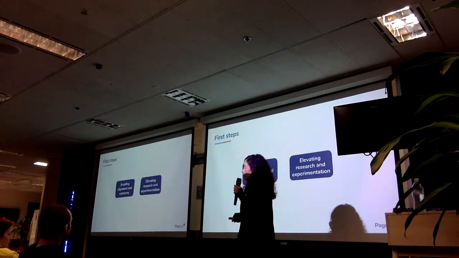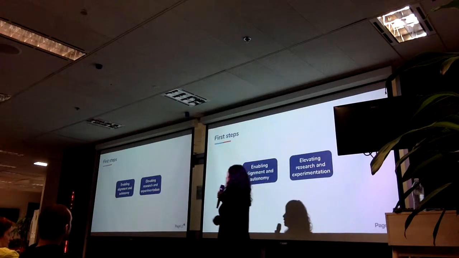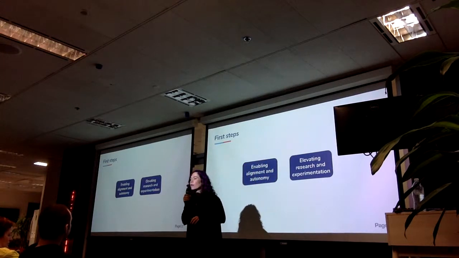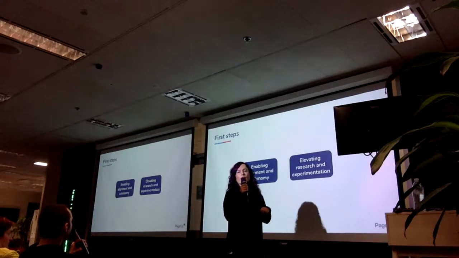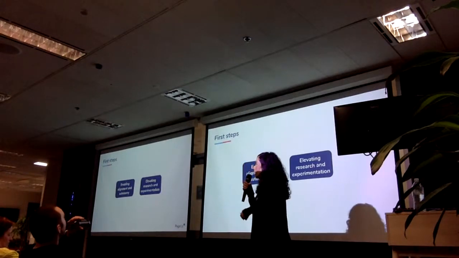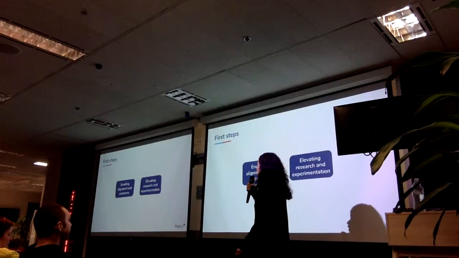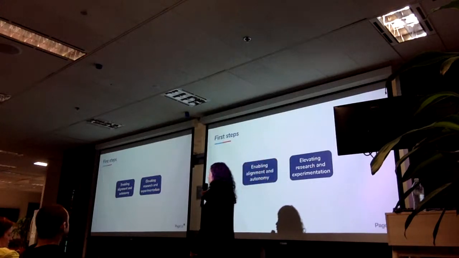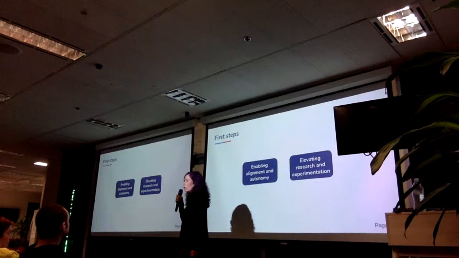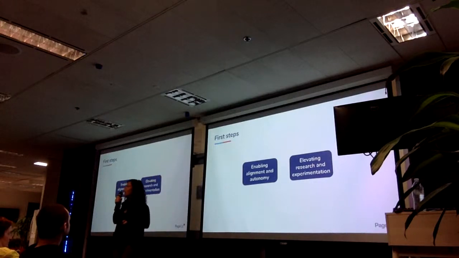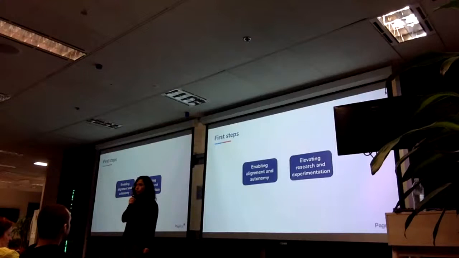So what have I done? Like I said, I joined the company 13 months ago. The first 1 or 2 months, I basically spent the time talking to as many people as I could, right? Because design thinking, as you know, is not one size fits all. So I was basically doing design thinking to be able to implement design thinking in the organization.